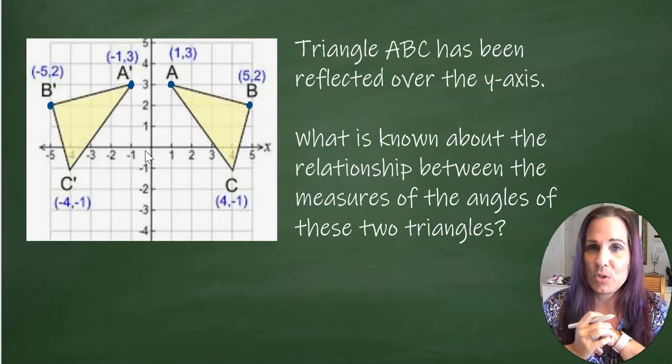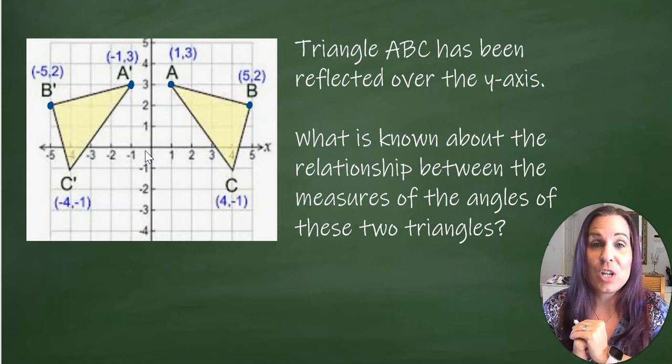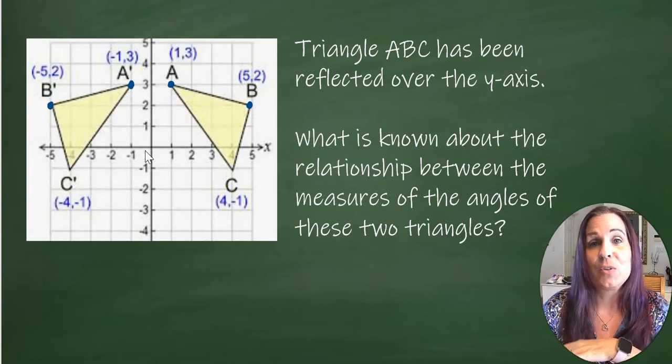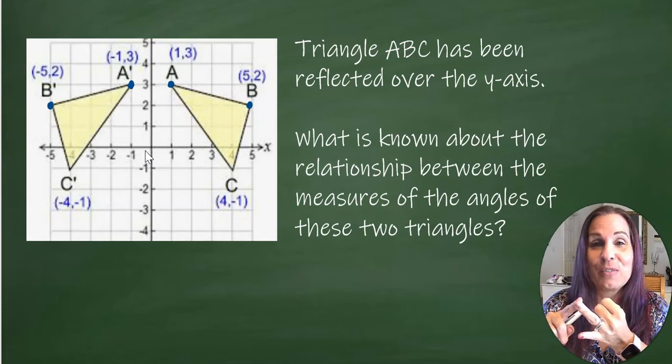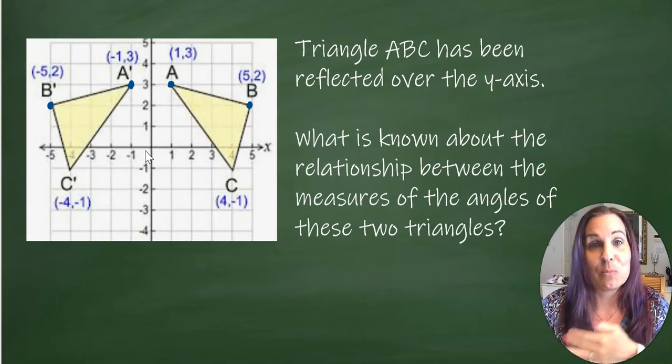But it's good that they told us that it's a reflection, because anytime we use a reflection, a rotation, or a translation, we don't change the size of the figure. We just move it to a different location. So the figure that results from a translation, a reflection, or a rotation will always be congruent to the one that it came from, right?